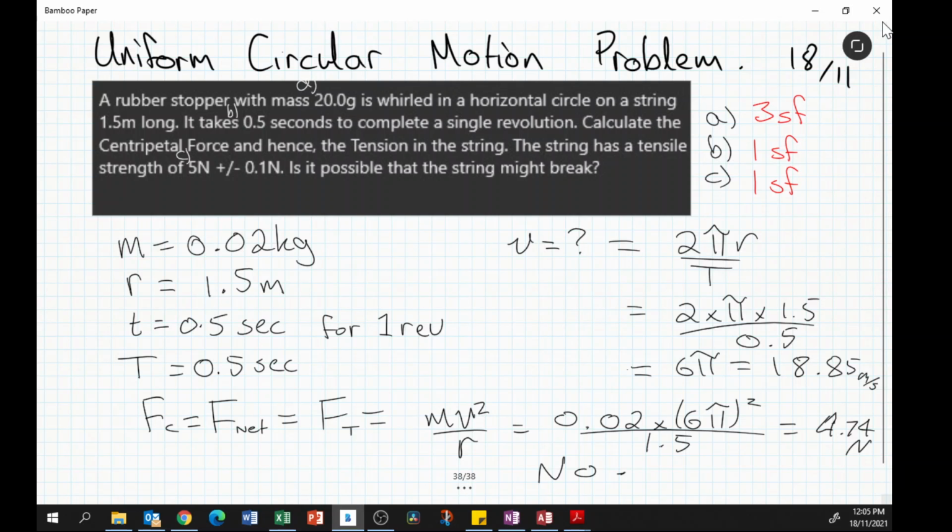So this could actually be 0.54. If you divided by 0.54, you get a much smaller number here, which would give you a much smaller result here. Or it could be 0.46. Let's do it with 0.46. So 2 pi times 1.5 divided by 0.46.